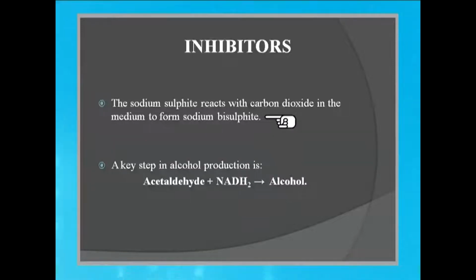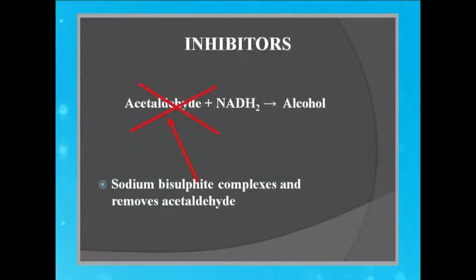This will react with the carbon dioxide in the medium to form sodium bisulfite. And sodium bisulfite next complexes with the acetaldehyde and removes it. So, the acetaldehyde is no longer present there to generate alcohol, while we have huge amounts of NADH2 being produced there.